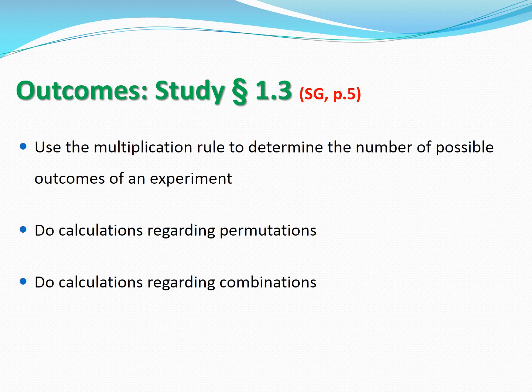So the order in which the numbers are chosen is important. Then for combinations, we have an unordered set of objects or people where order is not important, and we only do combinations without replacement. So for example, if you draw a lotto ball, that's an example of a combination.